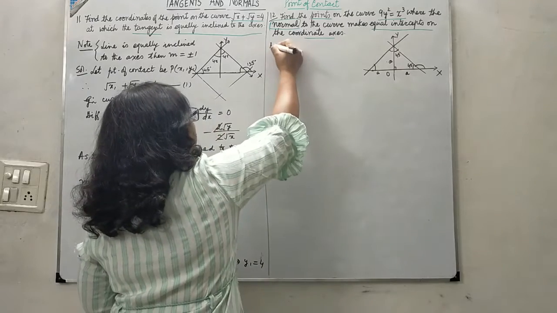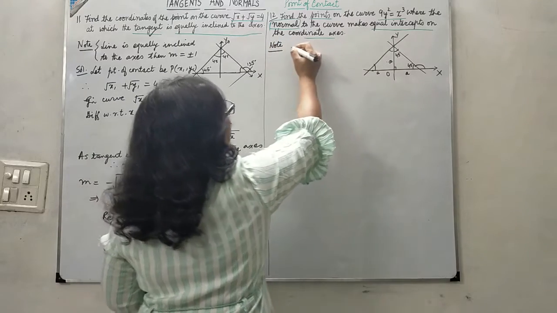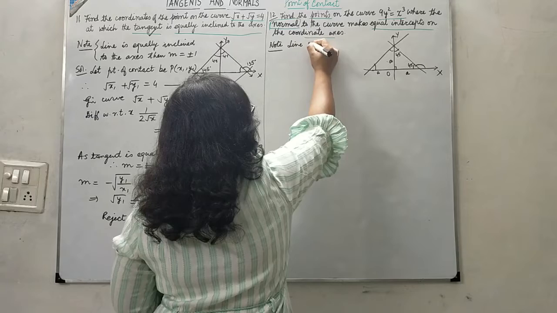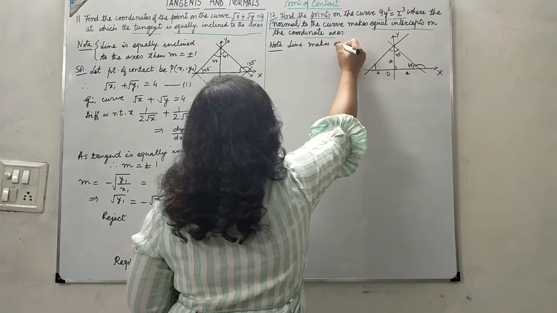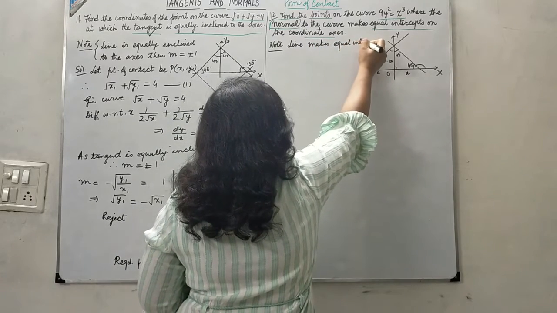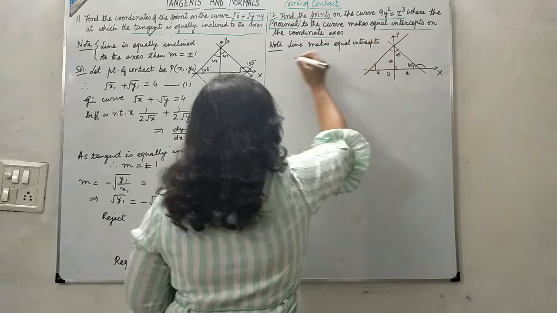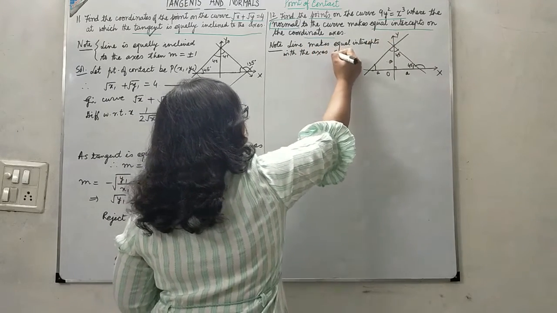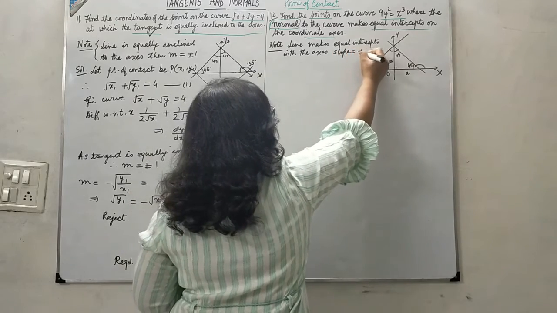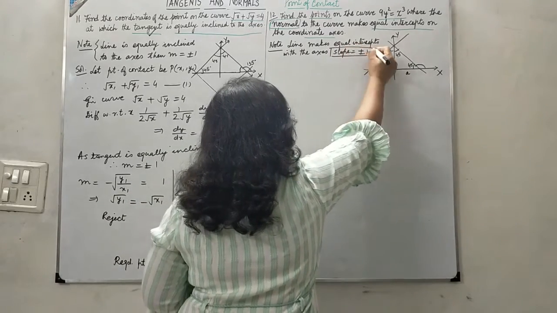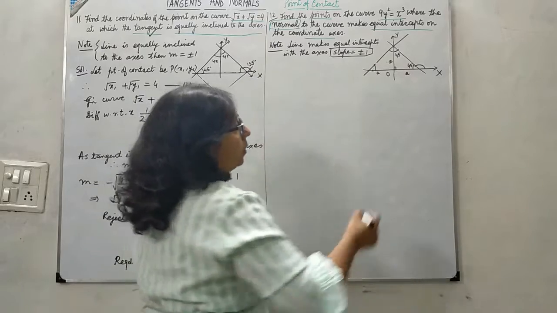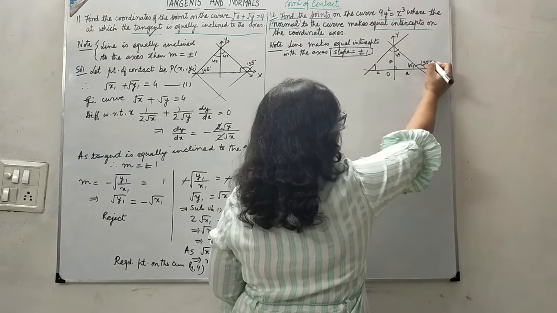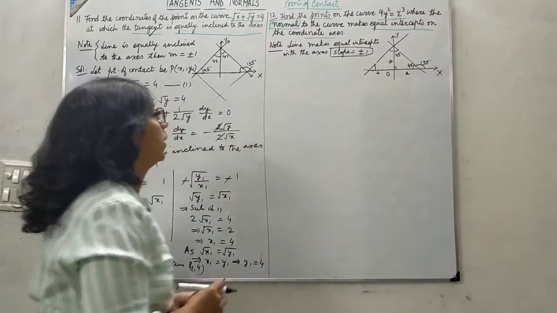So we can also make a note: whenever the line makes equal intercepts with the axes, then the slope is always plus minus 1. In this case, this angle is 135 or 45.